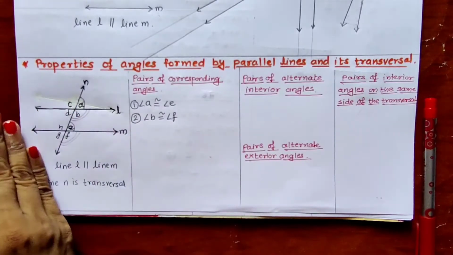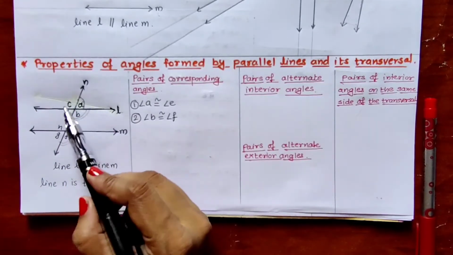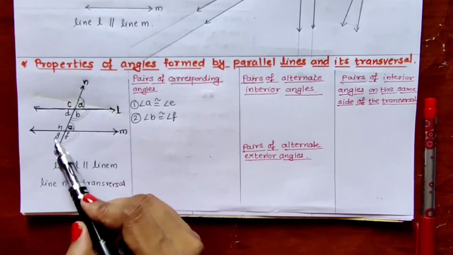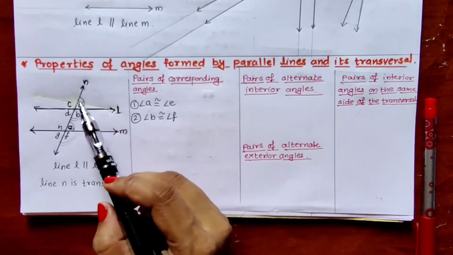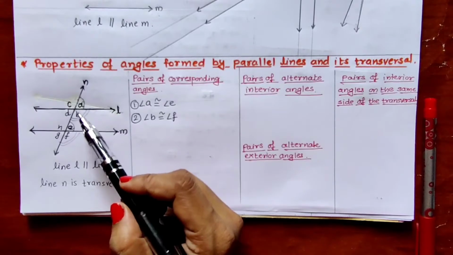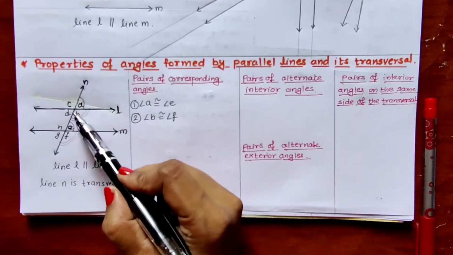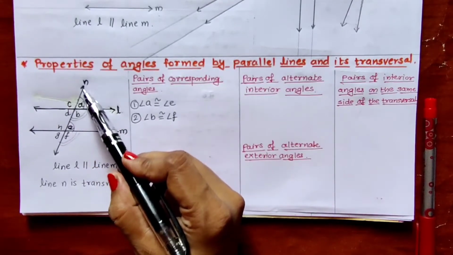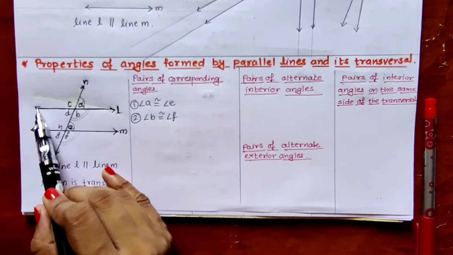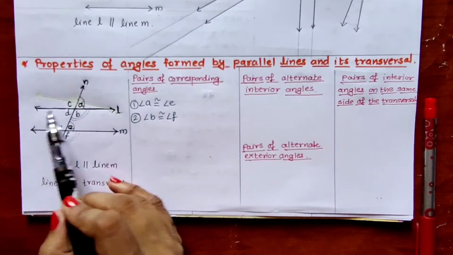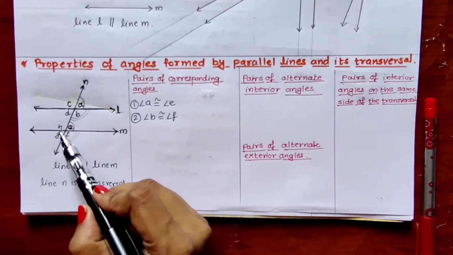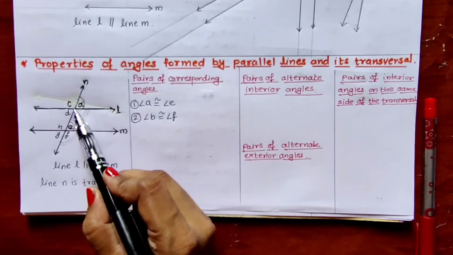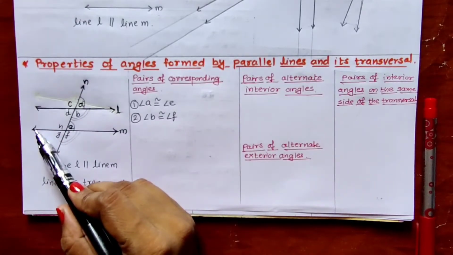Now let us see the angles on the left hand side of the transversal. If you watch angle C and angle H, they have the same directions. Their arms are in the same direction. Angle C has one arm in the upward direction and the other arm on the left hand side, but it is on line L. And H has one arm in the upward direction, the other arm on the left hand side.